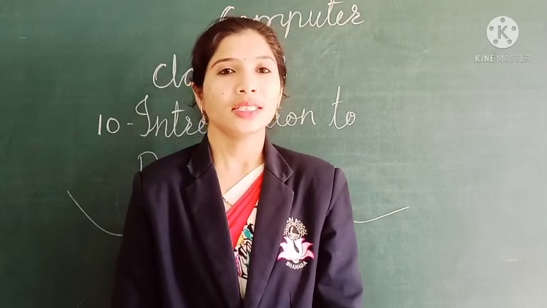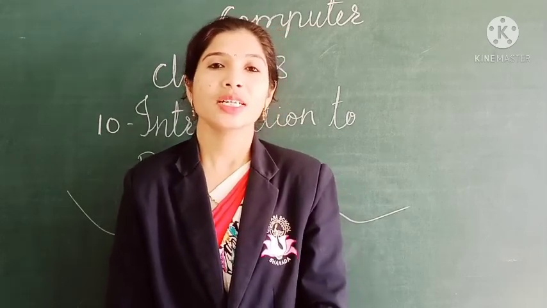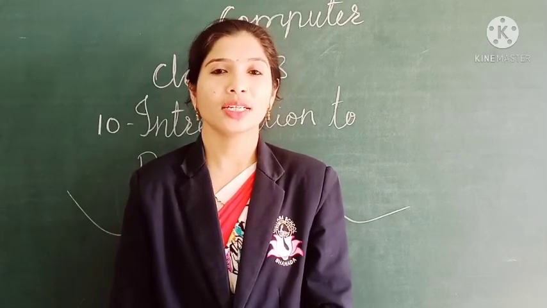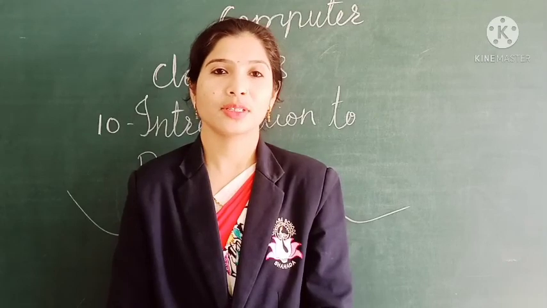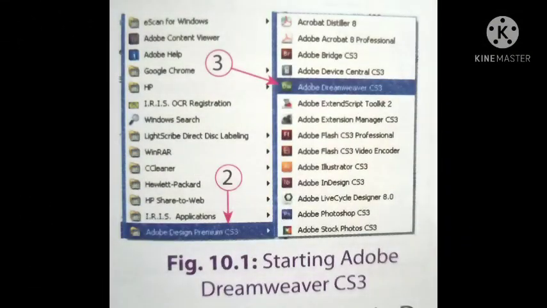Now, starting Adobe Dreamweaver CS3. How to start it, we are going to see in some steps. First, click on the Start prompt of the Windows desktop. Then, select by clicking on All Programs, Adobe Design Premium CS3, Adobe Dreamweaver.